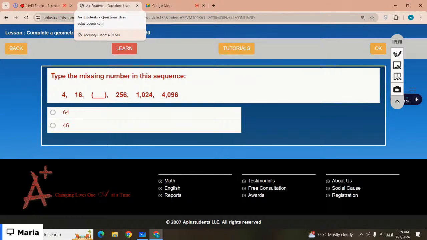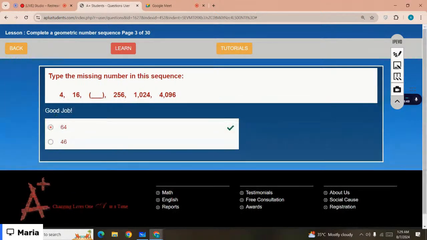The pattern is growing by 4 every time. You have to multiply them by 4. 4 times 4 is 16, right? So the next number would be 16 times 4 is 64. Option number 1 is the correct option. Got it?